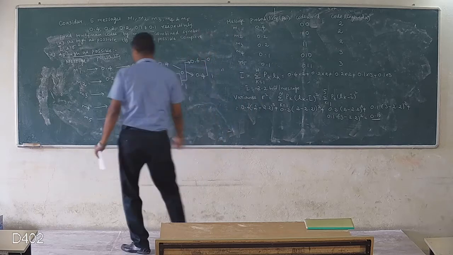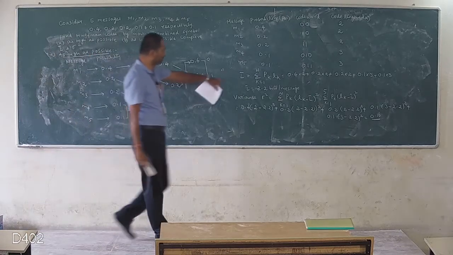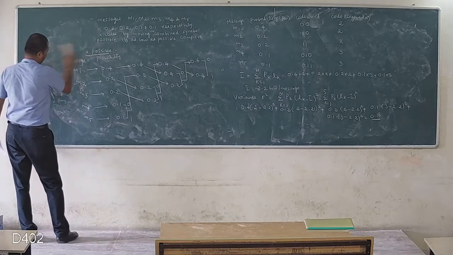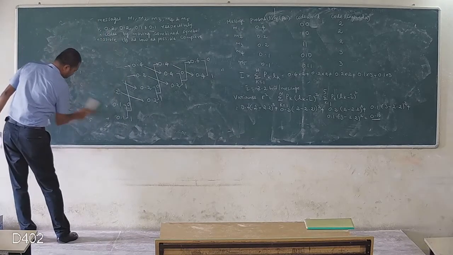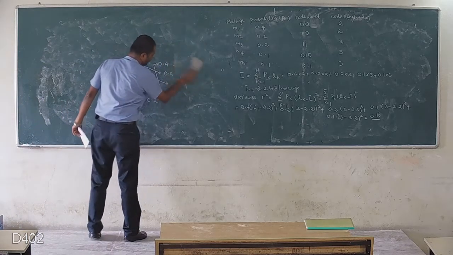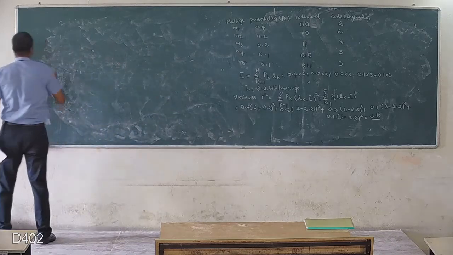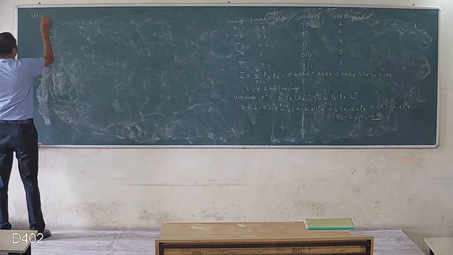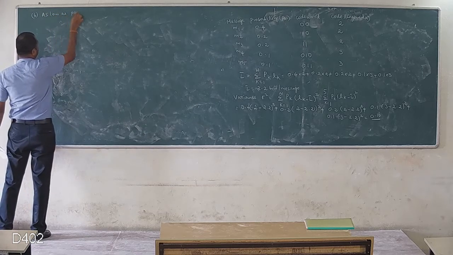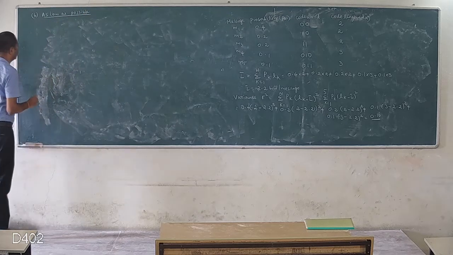Now I have to repeat the procedure, moving the combined symbol as low as possible, and find L bar and variance. To do so, again you have to write the message probabilities.